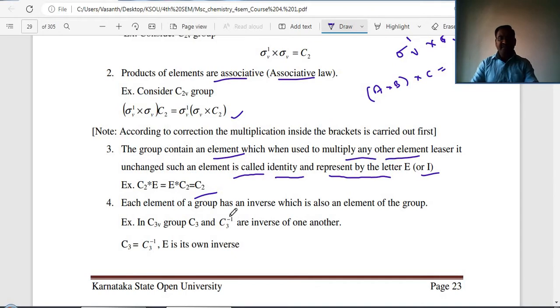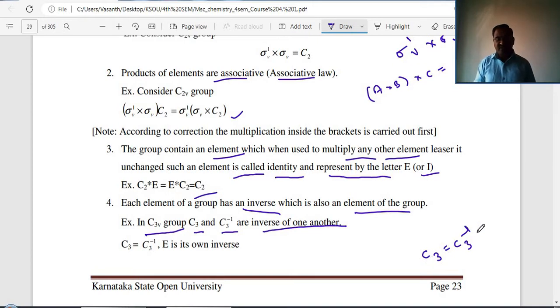Now each element of a group has an inverse, which is also an element of the group. In the C3V group, C3 and C3 inverse are inverses of one another, and their product is E only.